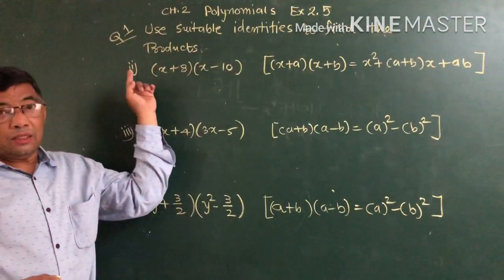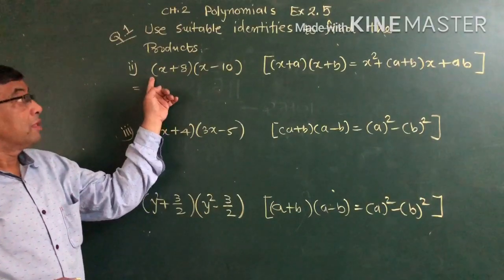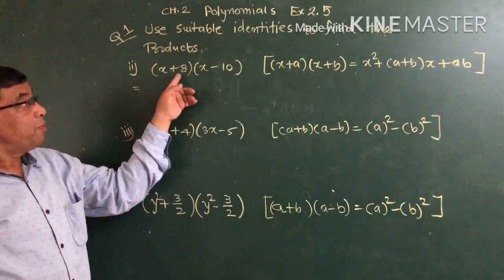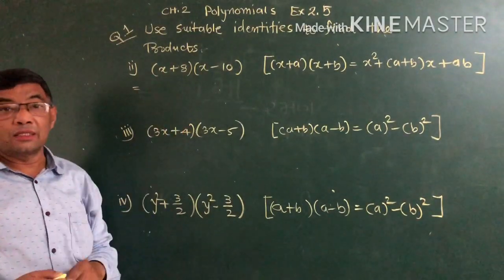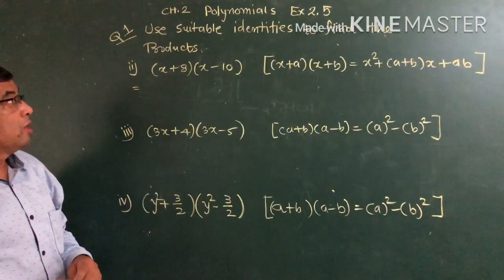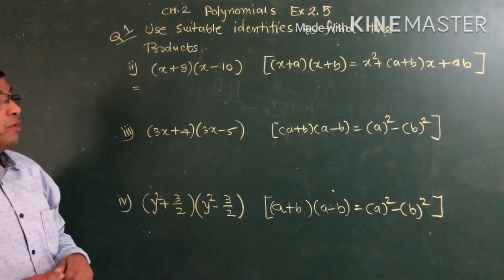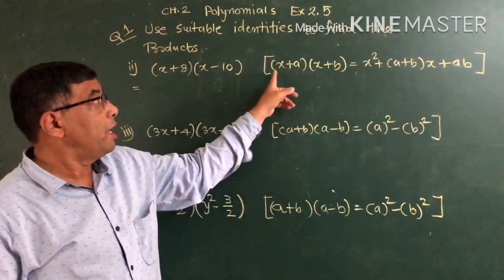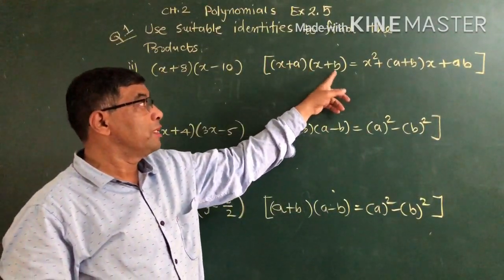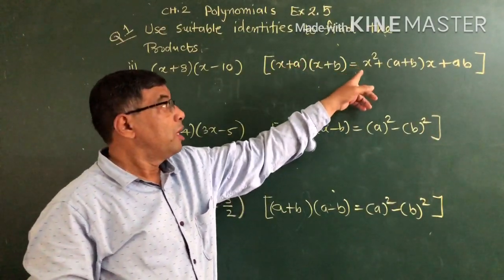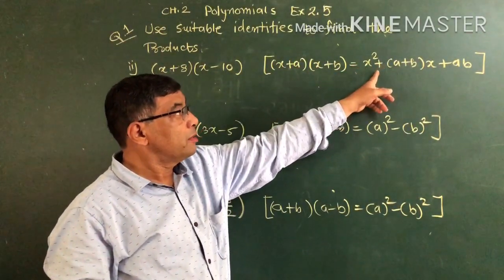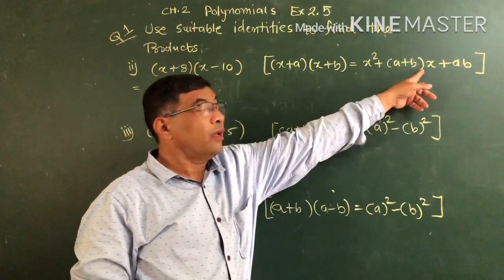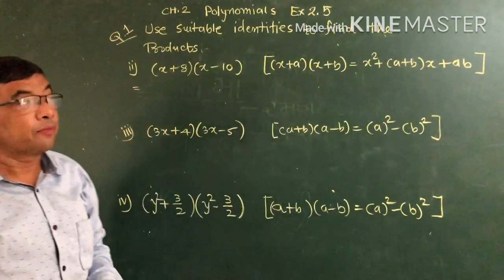The second sum given here is (x + 8)(x - 10). So now we have to use the identity (x + a)(x + b) = x square + (a + b)x + ab.